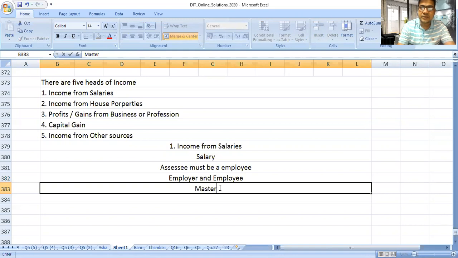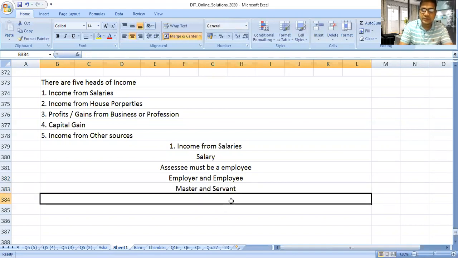Employer means master. Employee means servant. Master, servant. Master means employer, servant means employee. Okay. So, salary means any amount of remuneration received by an employee from his employer for the services rendered by him.